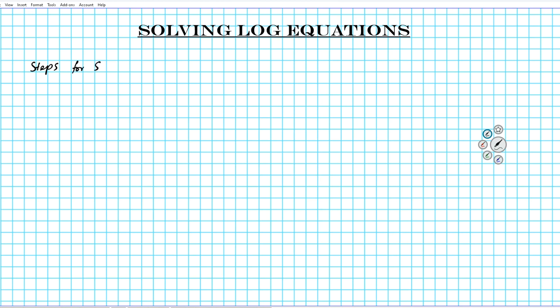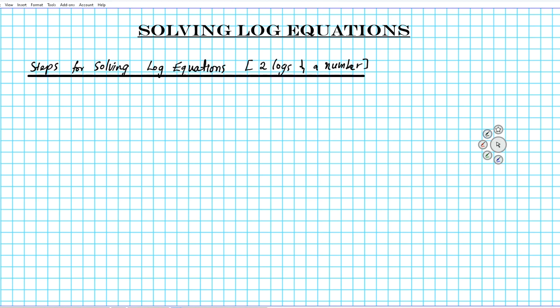And as indicated earlier, we're looking at equations that look like this. It has two log terms, two logs, and a number. Those are the types of problems we're going to be working on. So here are the steps. There are 4 steps that we're going to employ to solve these log equations.